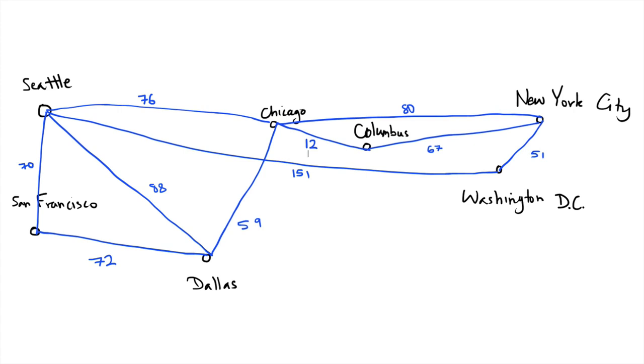You might think, oh well, I can just go from Seattle to Washington D.C. and then New York. That's 2 edges, but that might not be the most optimal path. Instead, maybe we can go from Seattle to Chicago to New York City, or Seattle to Chicago to Columbus to New York City, and it ends up costing us less overall than if we went from Washington D.C. to New York City.